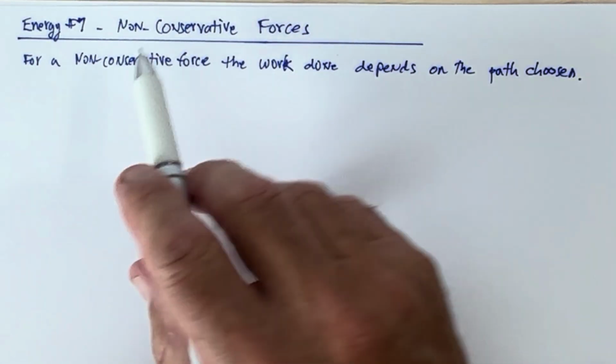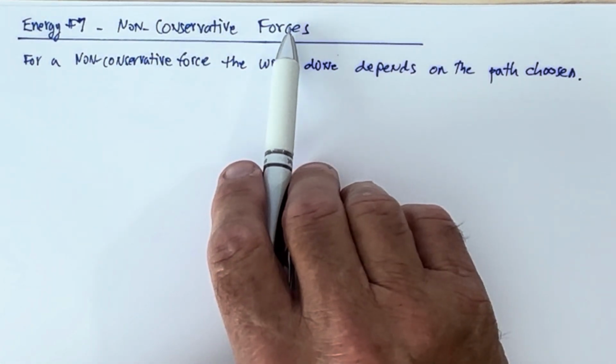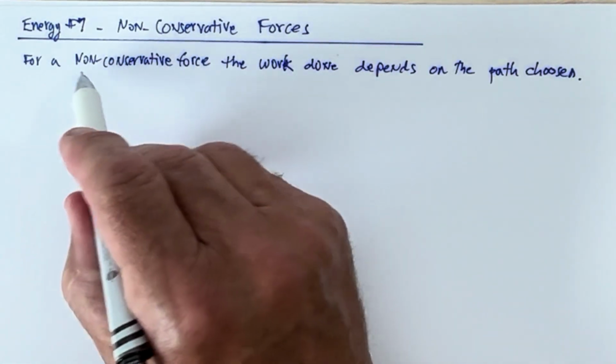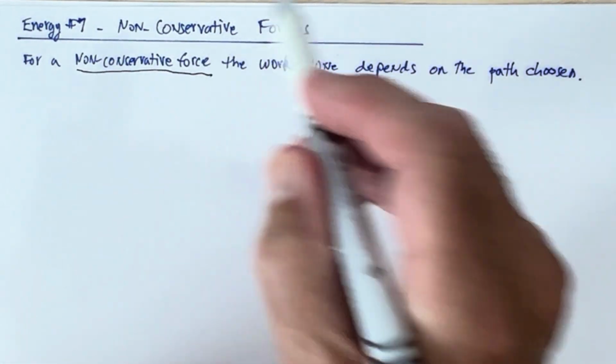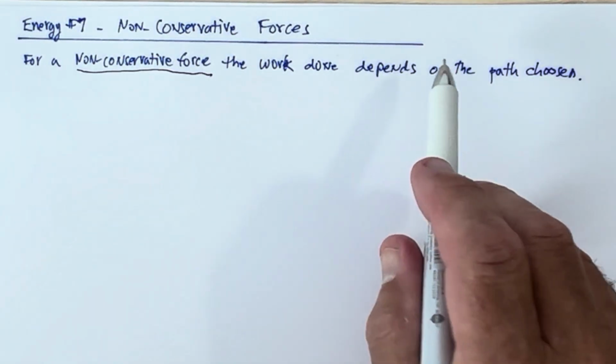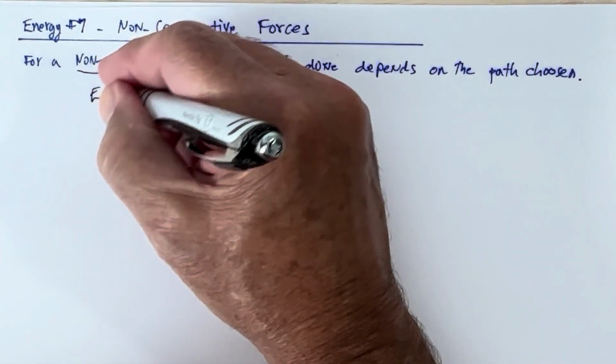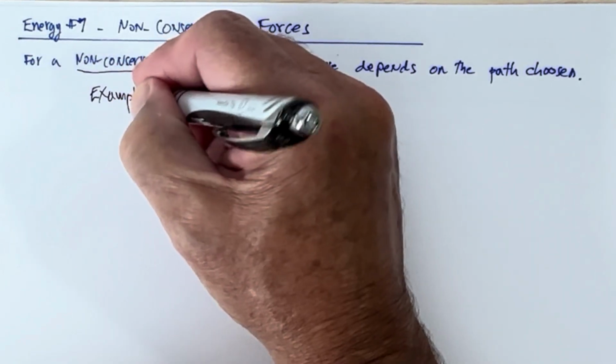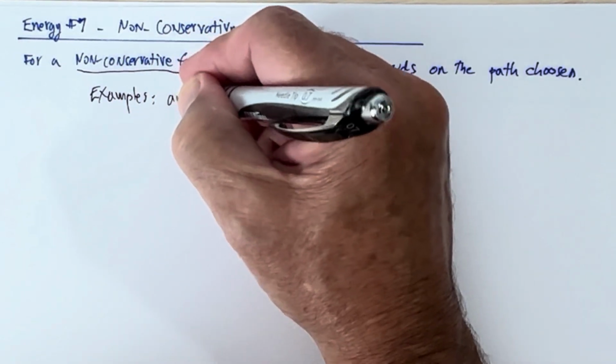Now we want to talk about non-conservative forces. With a non-conservative force, the work done depends on the path chosen. So examples of this would be air resistance.